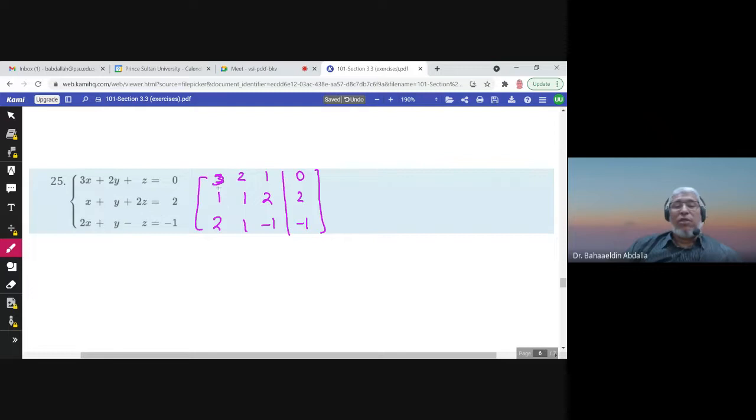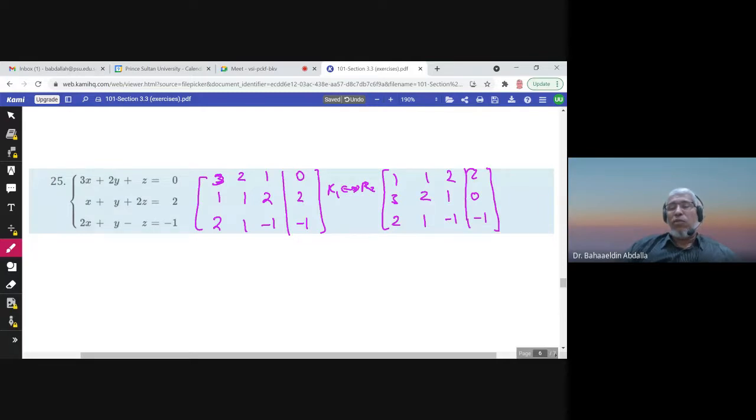I need this number to be 1, so I interchange row 1 and row 2 because row 2 has 1 as the first element. 3, 2, 1, 0. 2, 1, negative 1, negative 1.